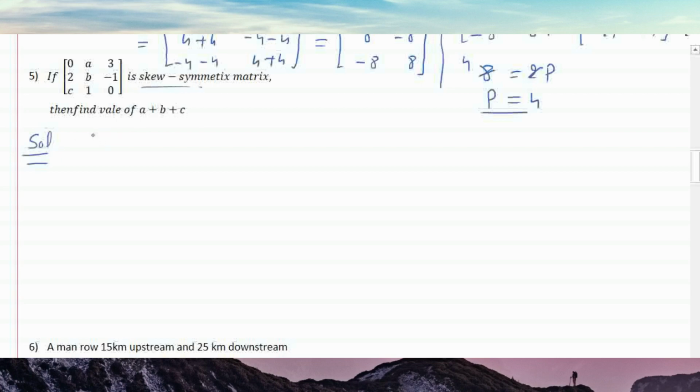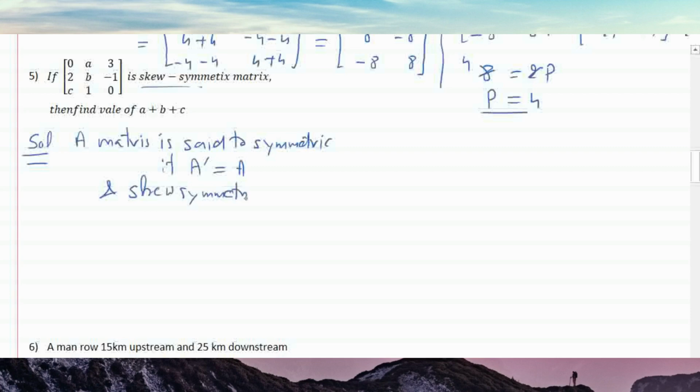Just write down that a matrix is said to be symmetric if A transpose is equal to A, and skew symmetric if A transpose is equal to minus A. This is the only basic you have to understand here.